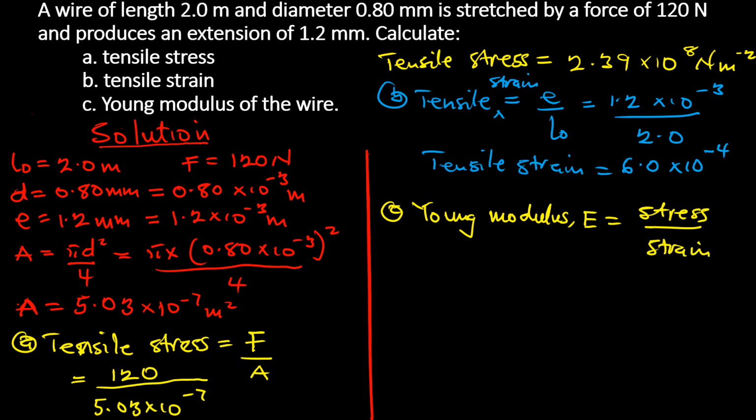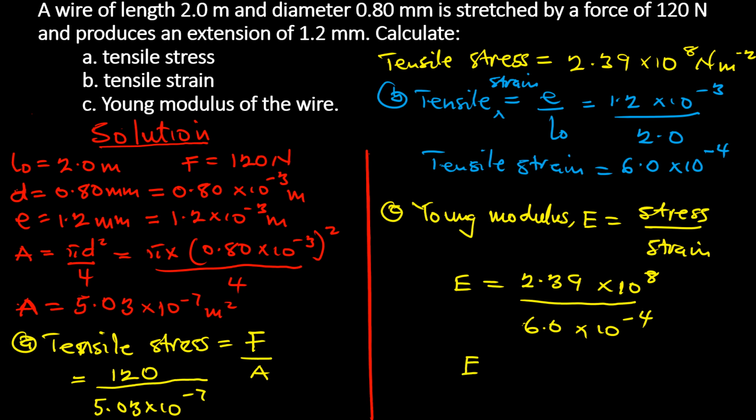Okay, so E, which is the Young modulus, will be equal to the tensile stress. We have it to be 2.39 times 10 to the power 8 all over tensile strain, which is 6.0 times 10 to the power minus 4.